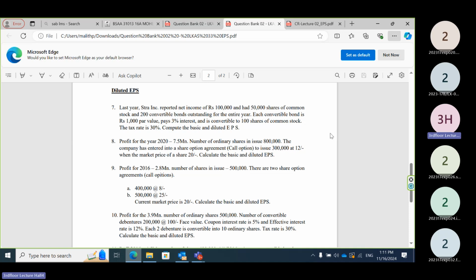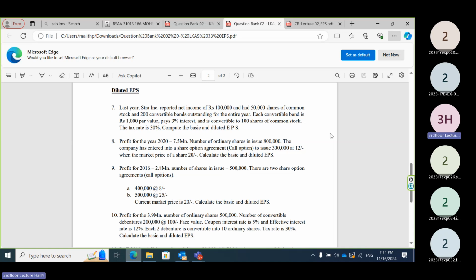Reported net income 100,000 and had 50,000 shares of common stock and 200 convertible bonds outstanding for the entire year. As of the reporting date, we have 50,000 shares and 200 convertible bonds. Right?